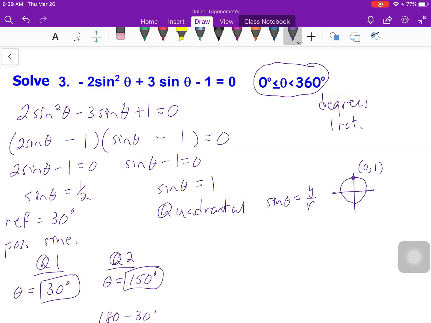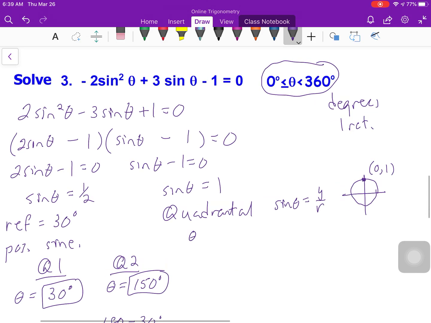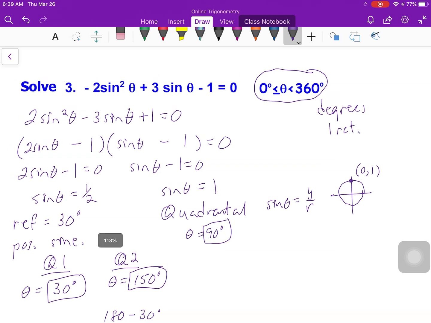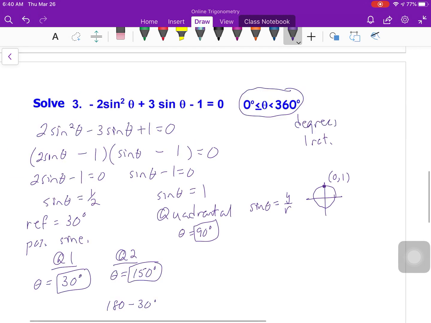And that happens up there at the top. So that would correspond to 90 degrees. Now that one went much smoother. And the only part that was unique there was that it was easier to divide everything by -1 because the leading coefficient was negative to begin with.